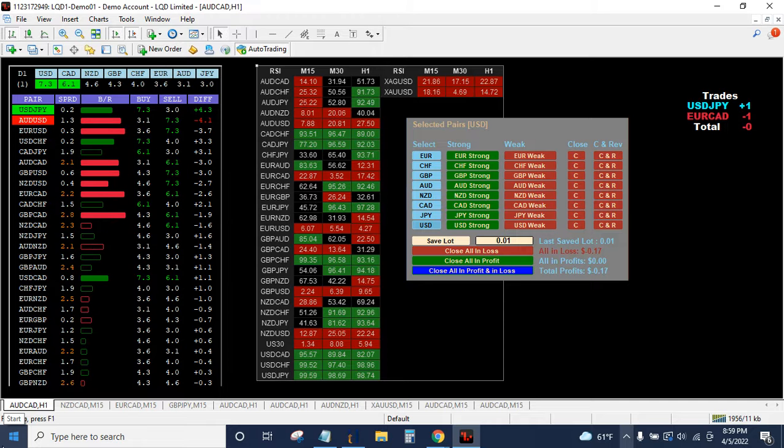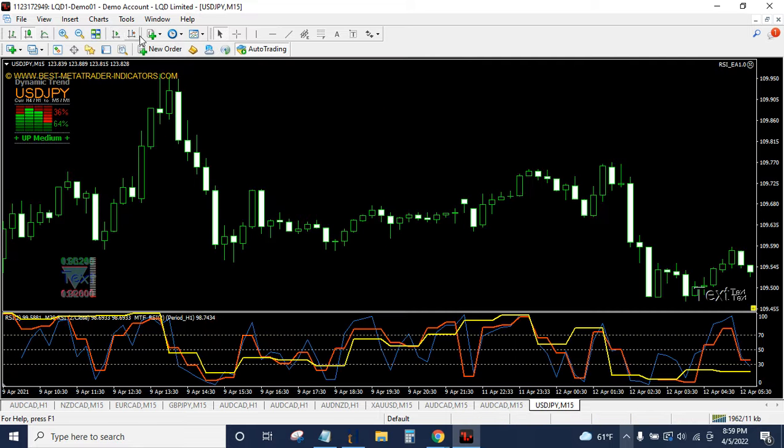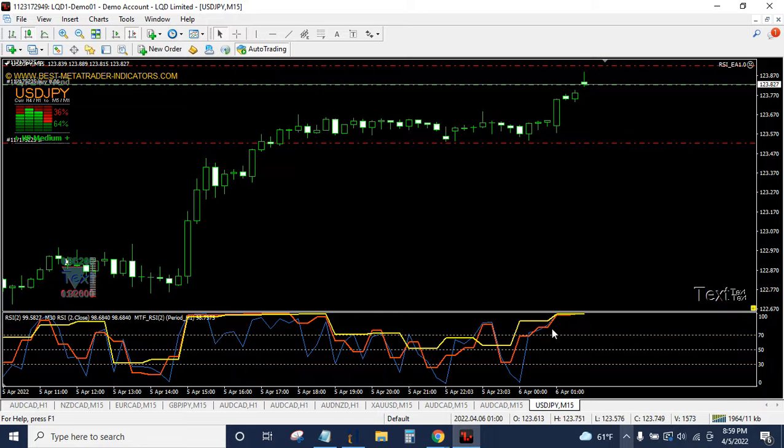So what's going to happen? This is the USDJPY chart.